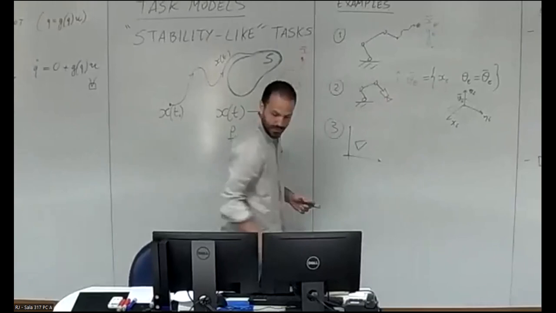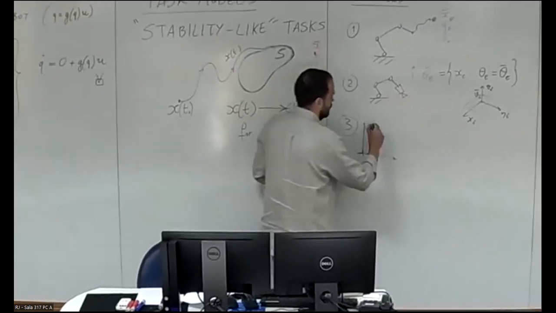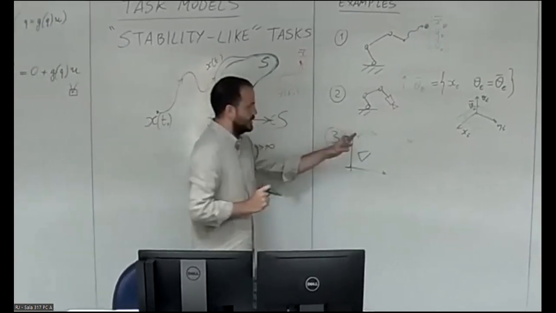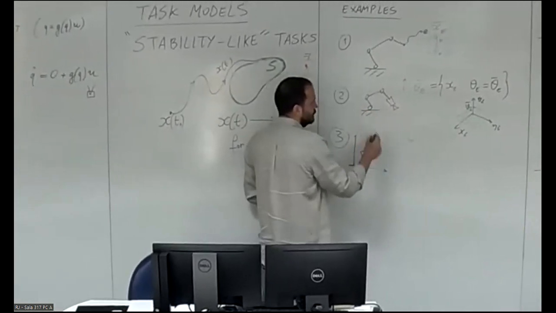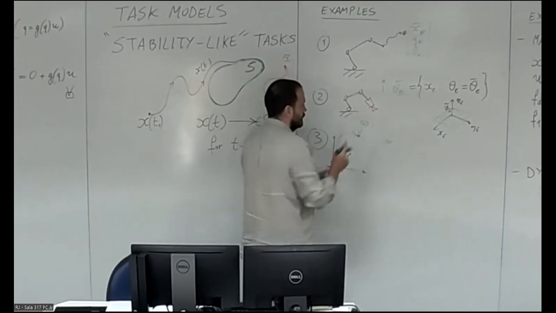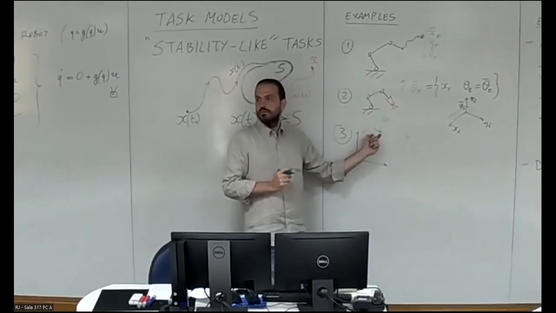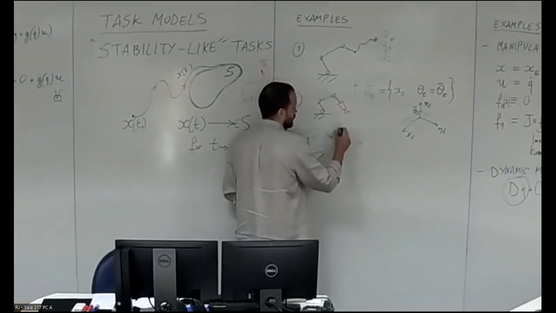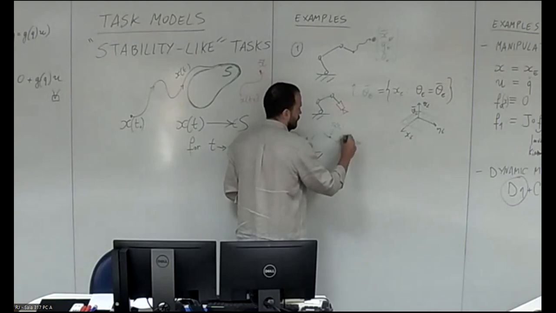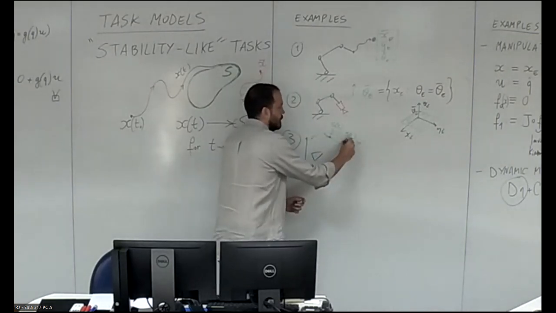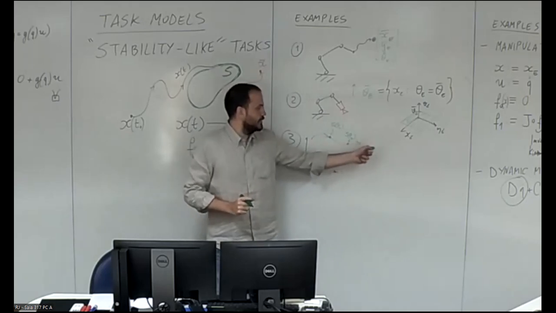So the green is the desired trajectory. At each time, S is a point. So as time goes by, we have S at t1, S at t2, right? It moves on this trajectory.